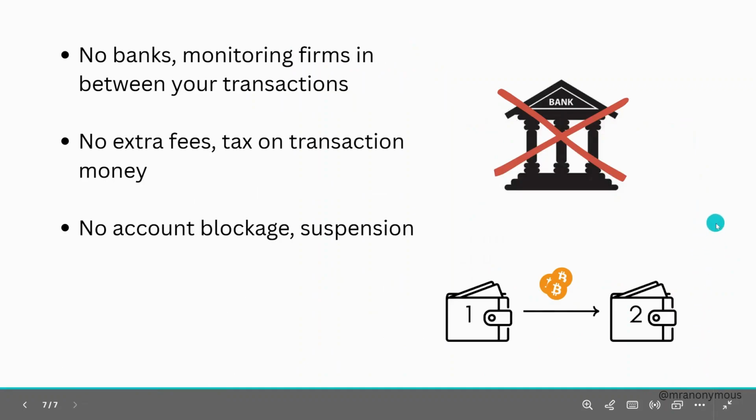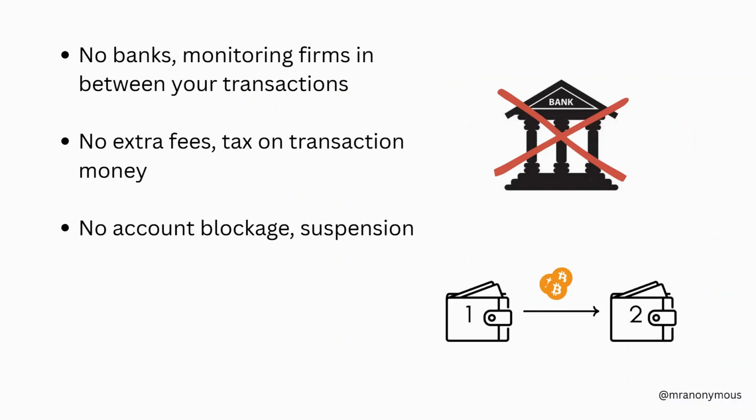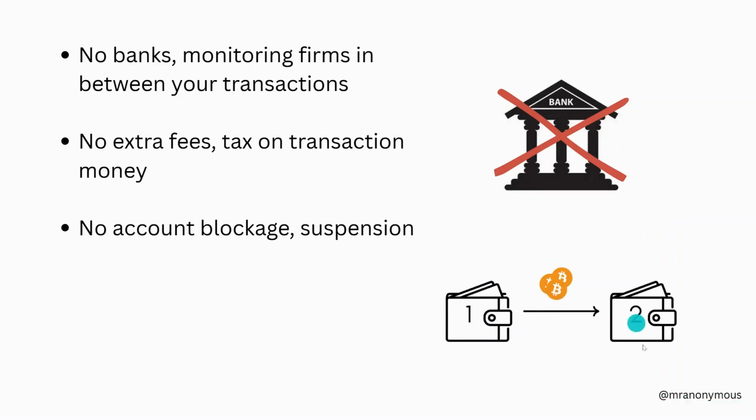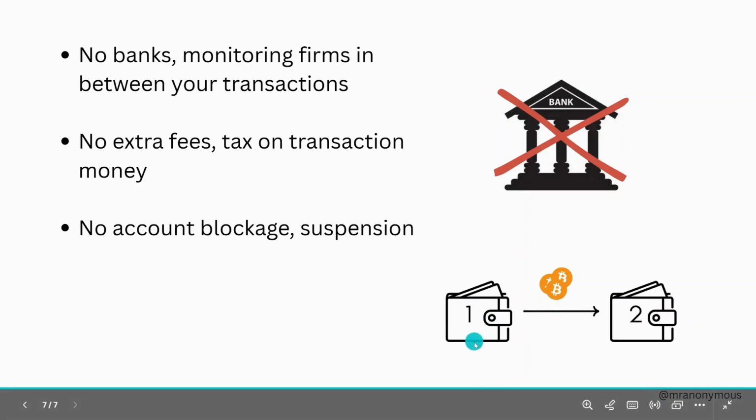Another main point is that there are no intermediaries between two persons on Web3. If person 1 wants to send some money, let's take some bitcoins, to person 2, the transaction goes from wallet 1 to wallet 2. There will not be any intermediaries in between.